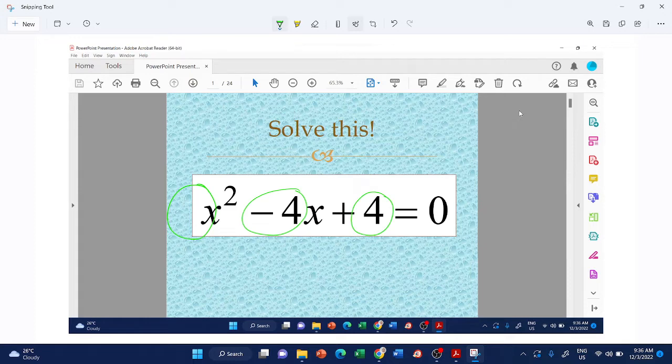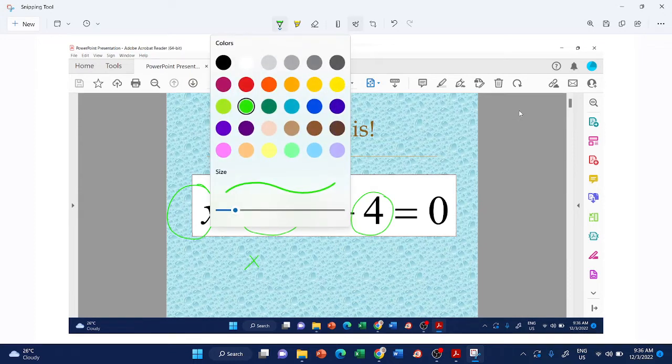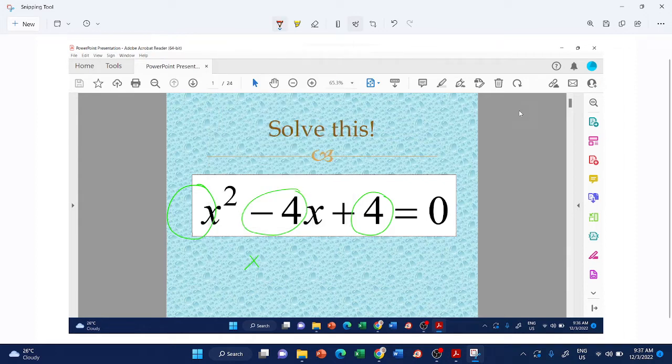So the calculator will show you x is 2. There is another 2, it is repeated. So there are two solutions, and the solution is the same number. So that is how we can check it using your calculator.